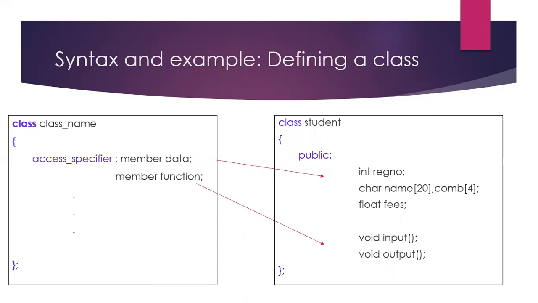Data members are the normal variables of a program. A function can have a set of operations that can be performed on such variables. Hence, registration number, name, and fees are the data members. Void input and void output are member functions.